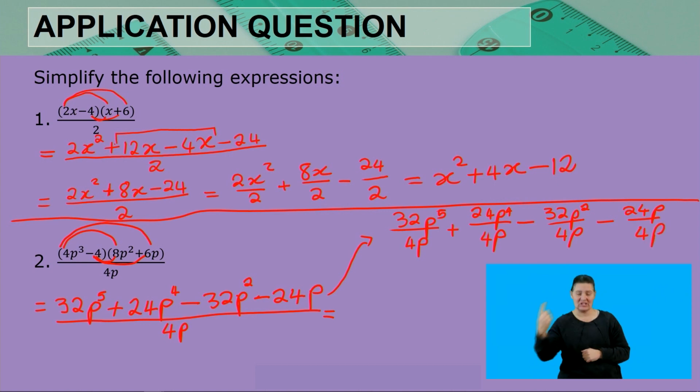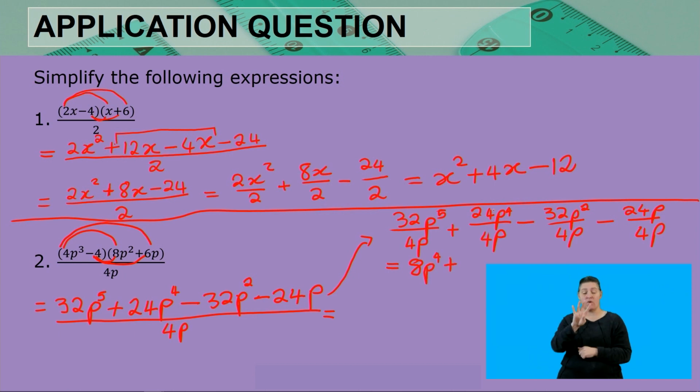So each of those terms is going to be divided by the 4. So what is going to be the final answer? We are going to say 32 divided by 4, that is 8. And p exponent 5 divided by p exponent 1. Remember, when we divide, we subtract the exponents. That's going to be p exponent 4.